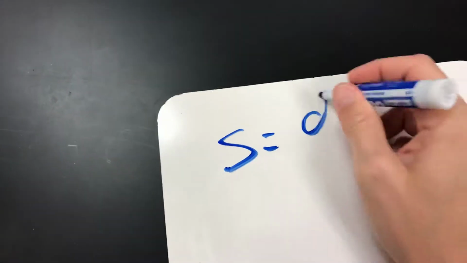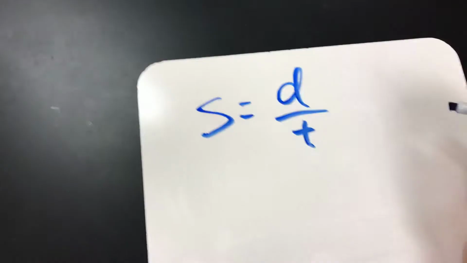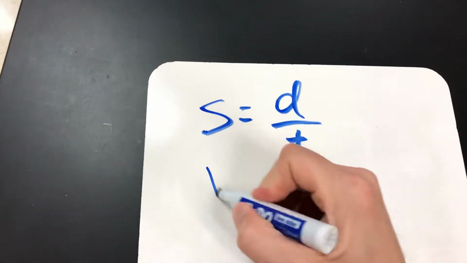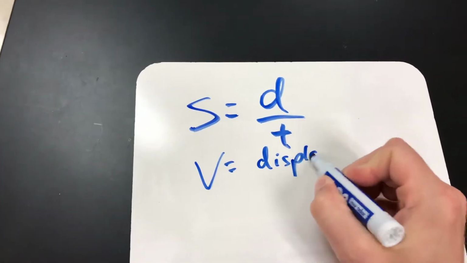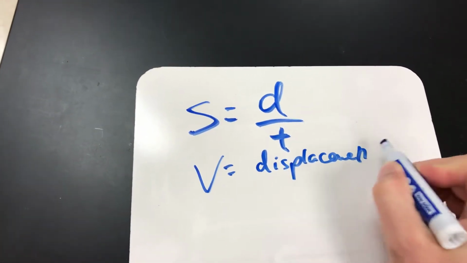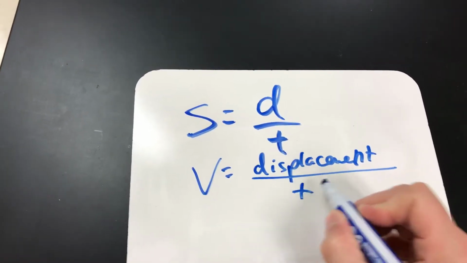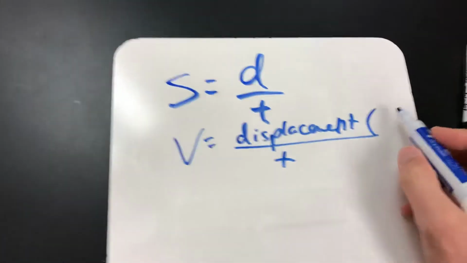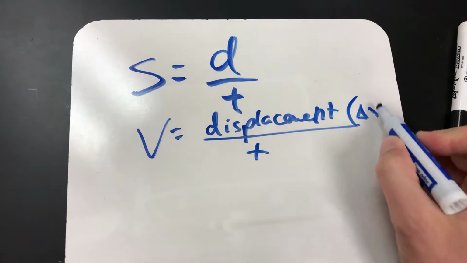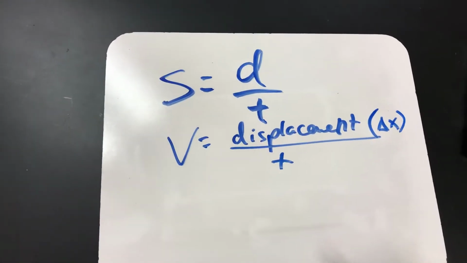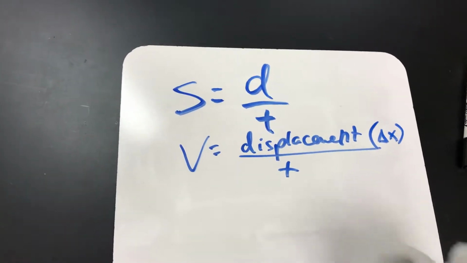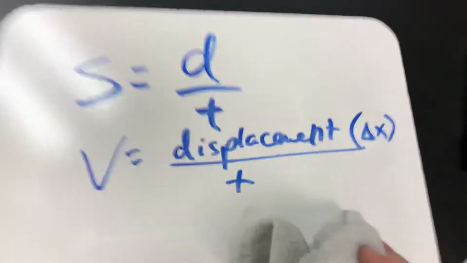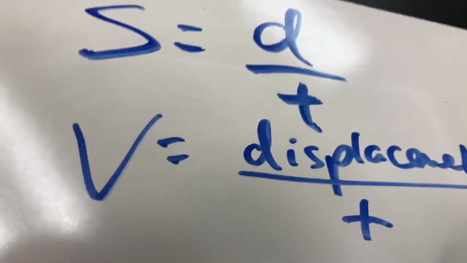So speed is going to be the distance divided by the time, and velocity is equal to the displacement divided by the time. The other way to show this is a change in the x. Then you just plug those values into your calculator, and that'll tell you what your speed and your velocity are.